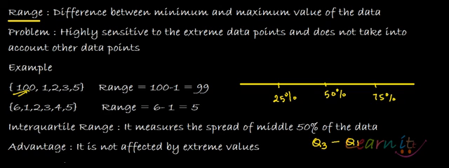So the interquartile range basically takes care of this part between Q3 and Q1. Now the good part is that it is not affected by the extreme values in the data. It is not affected by extreme values.